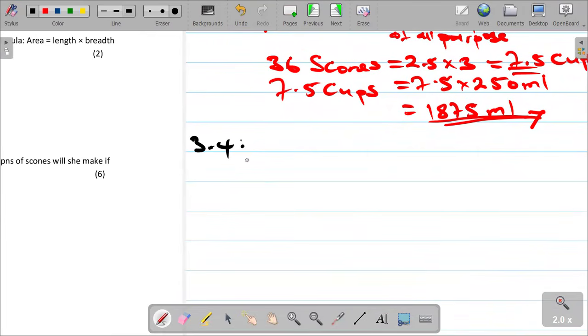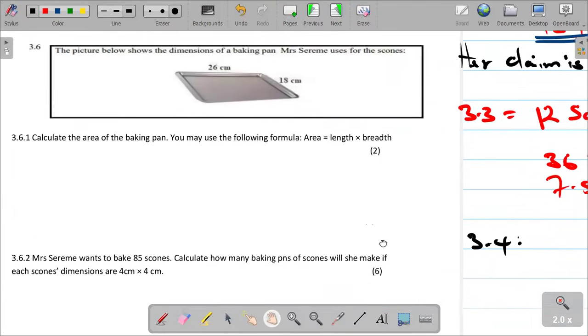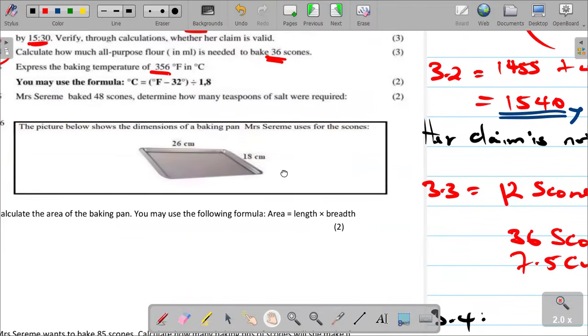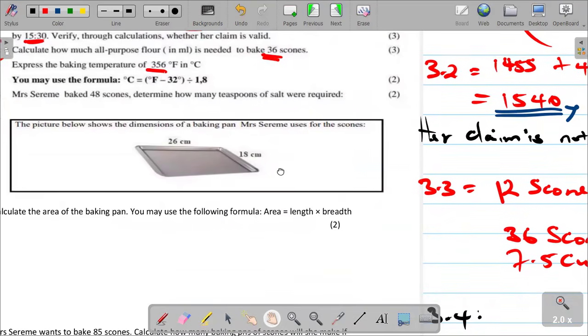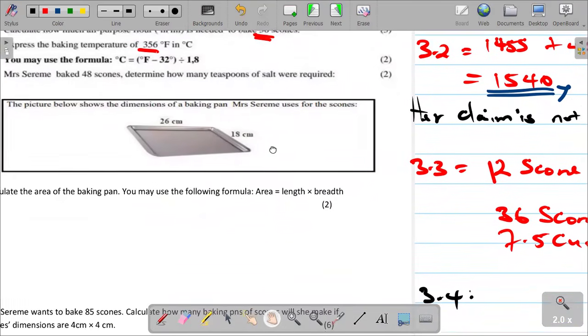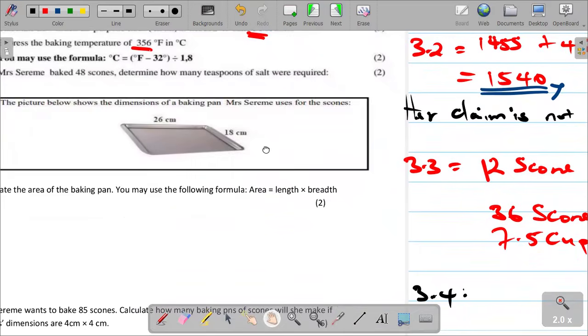We are given the formula: degrees Celsius is equal to F minus 32, divided by 1.8.